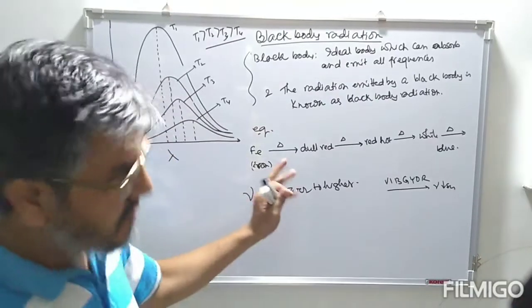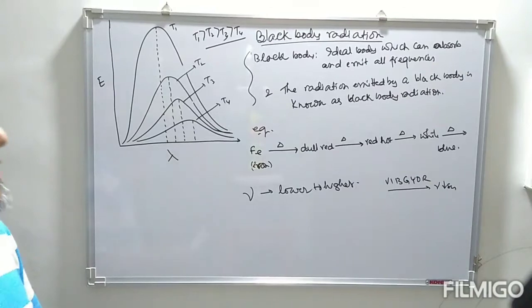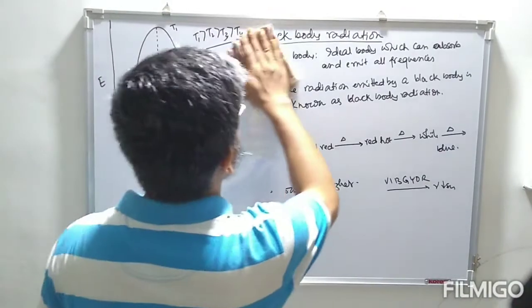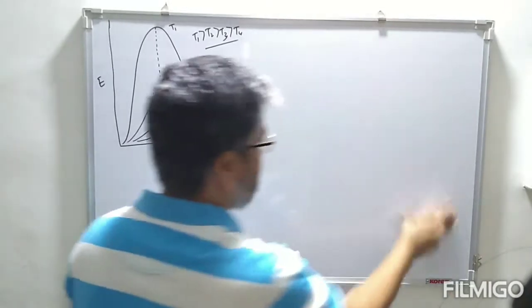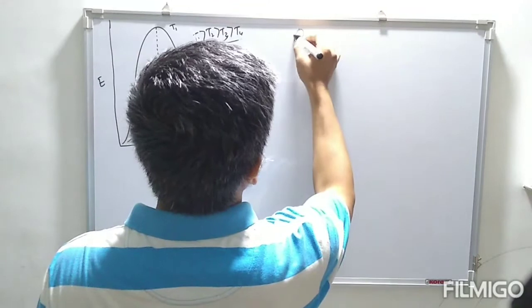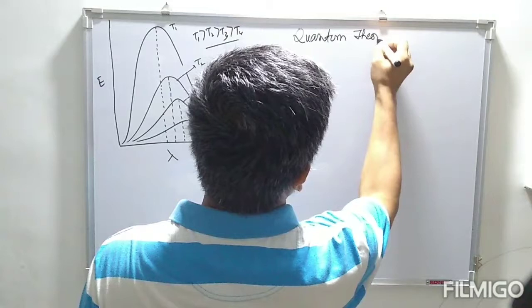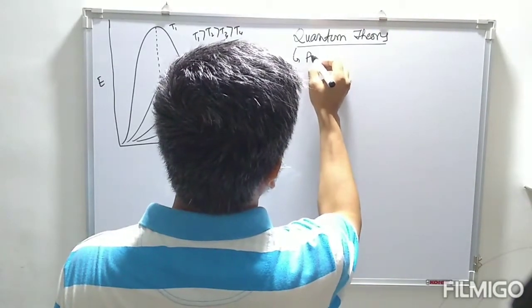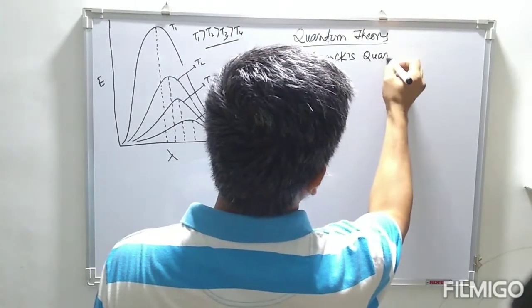So to explain this black body radiation, Max Planck introduced the concept of quantum theory, or simply known as Planck's quantum theory.